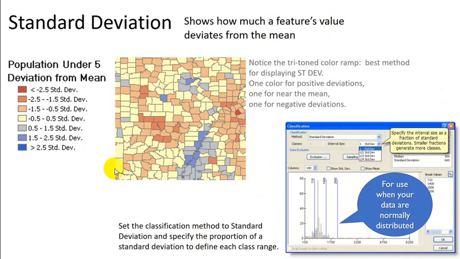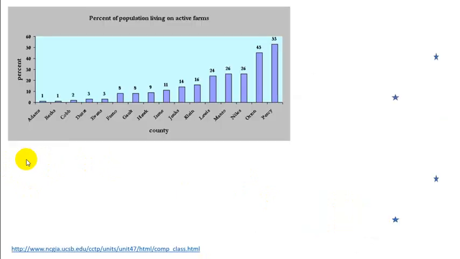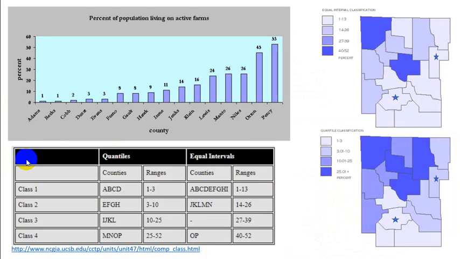And the other thing is Arc will automatically give you a divergent color ramp, but you're going to want to make sure that you employ a color ramp that uses one color for positive, one for neutral, and one color for negatives.